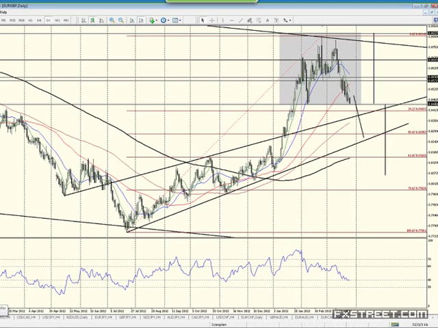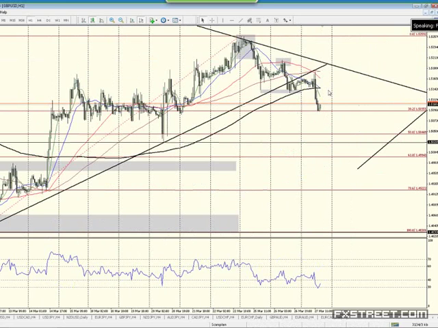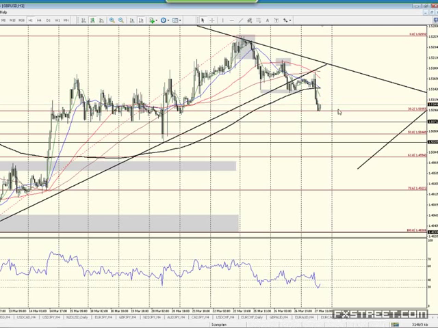All right, so we don't want to leave the cable, so let's go back to that. Support on 1.5073. Oh, okay, so you're talking about these levels here. Yes, there's near-term support there. That type of support is sort of what I would expect at the 38.2% retracement, sort of the intraday support.